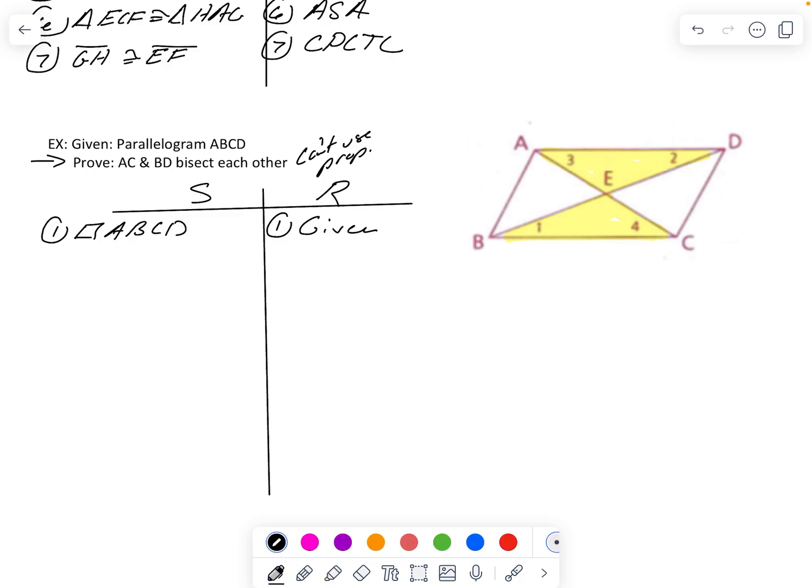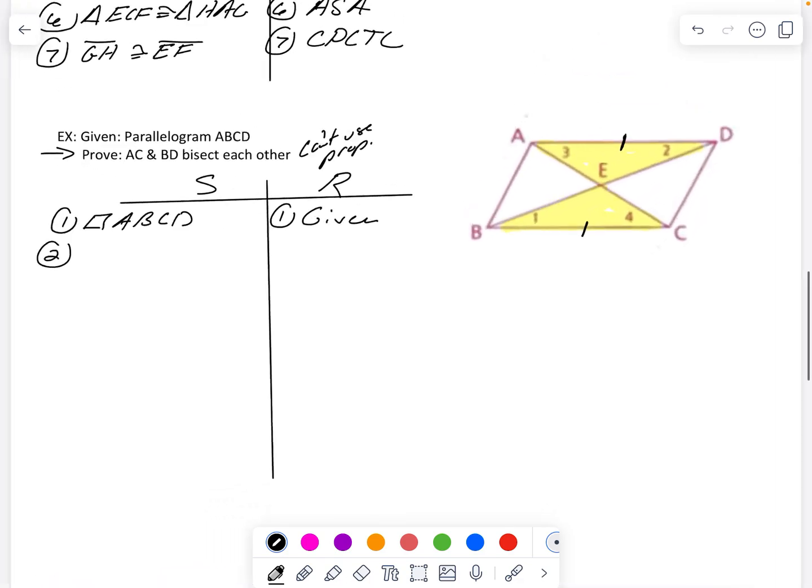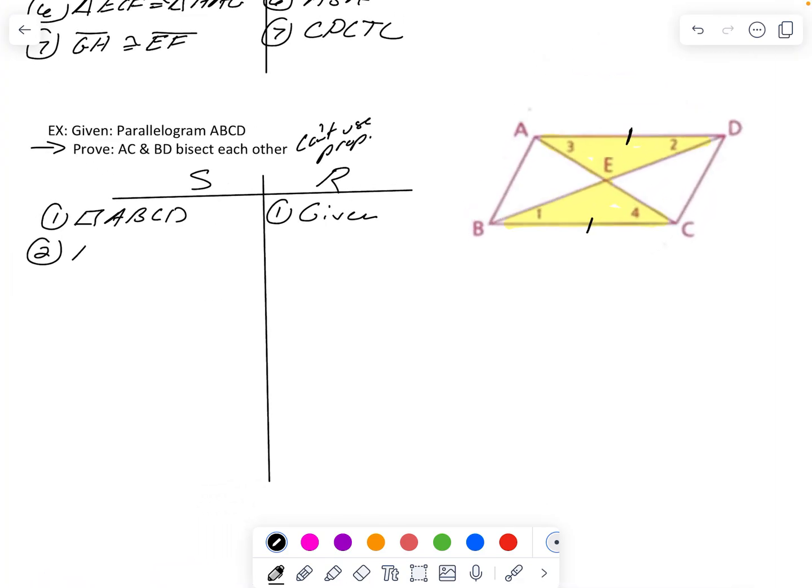Let's focus on those 2 triangles. So let's talk about some angles, right? Oh, and sides maybe. So it'd be really nice if, say, these 2 sides were congruent. Well, they are, because that's a property of a parallelogram. So we can say, whoa, I didn't mean to zoom in. We can say that AD is congruent to BC, and that's because if you have a parallelogram, opposite sides are congruent.